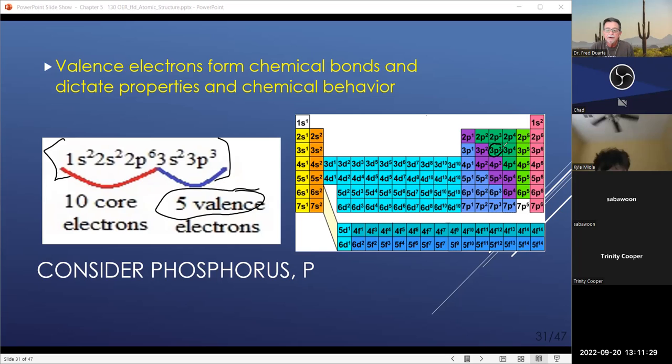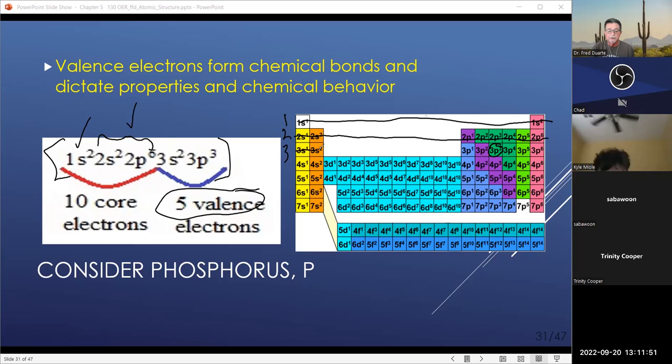Here's phosphorus, in the 3rd energy level. We know the first energy level is full, and the second energy level is full of its electrons.